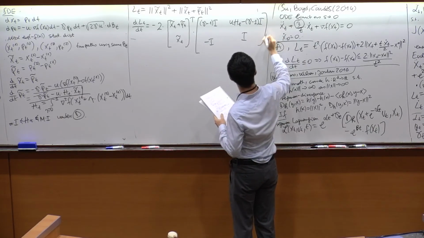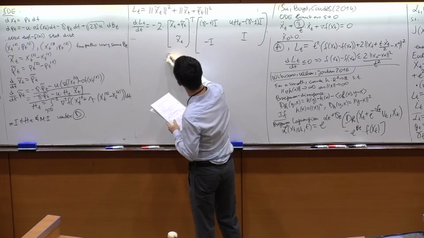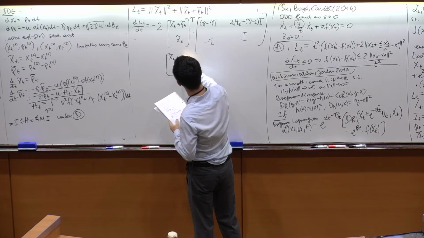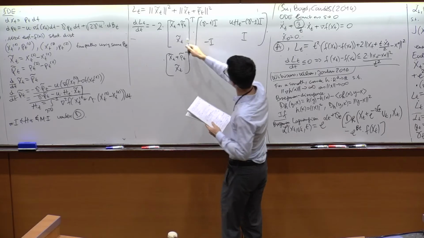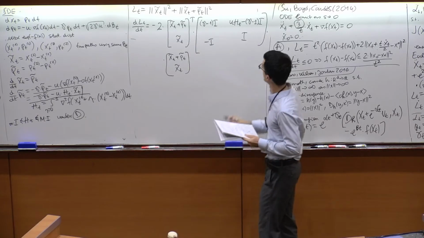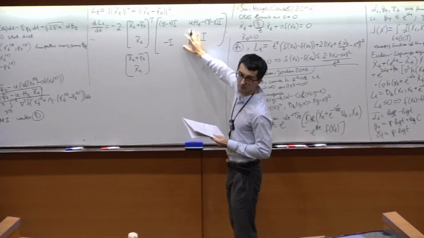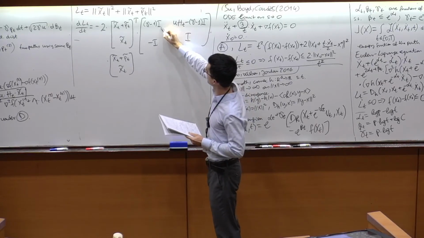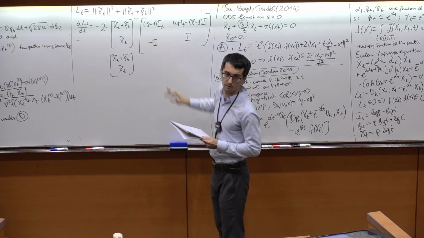And then you need to multiply this again by (x_t tilde plus p_t tilde, x_t tilde). Okay, so this is from the left, this is from the right. And this is the matrix that's crucial. So identity is a d-dimensional identity matrix everywhere.